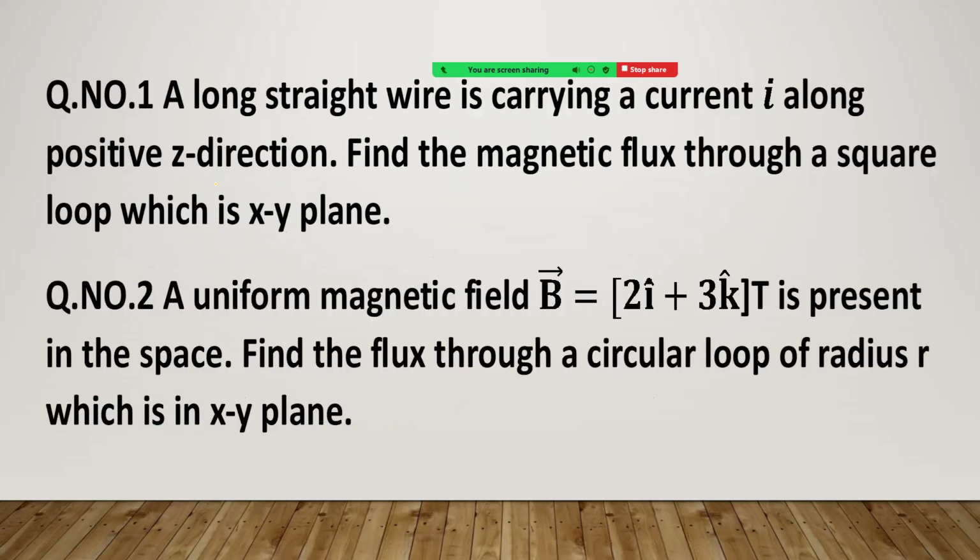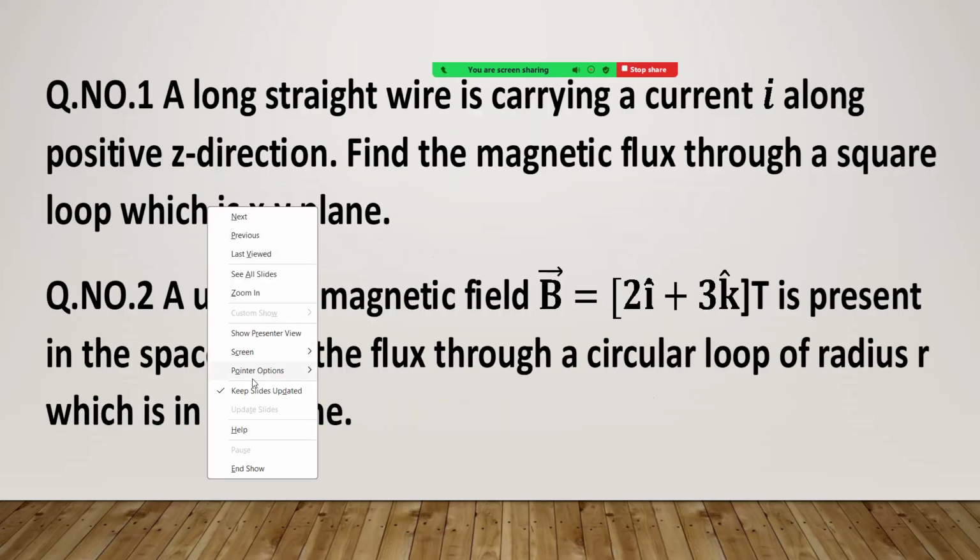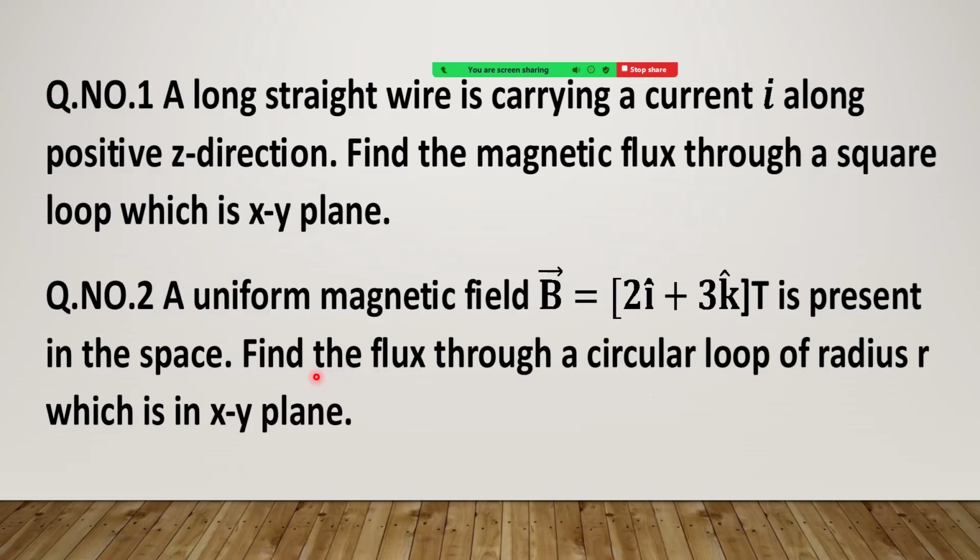Let us take a simple problem. A long straight wire is carrying current along the positive z direction. Find the magnetic flux through a square loop which is in the xy plane.